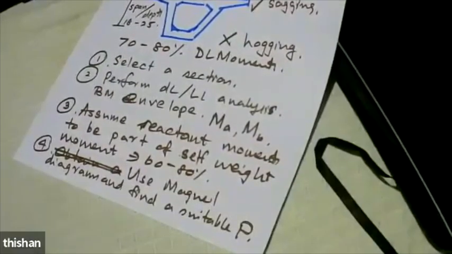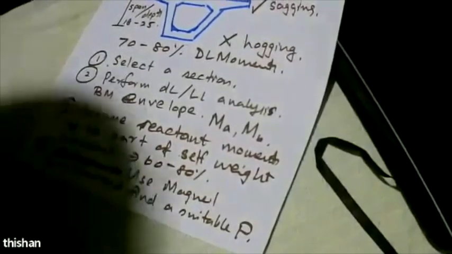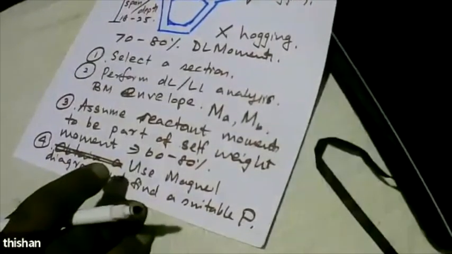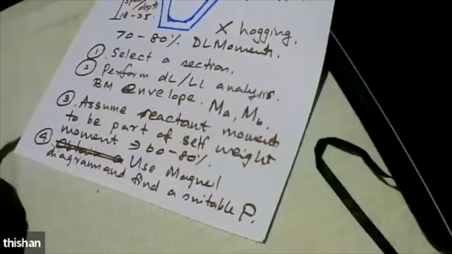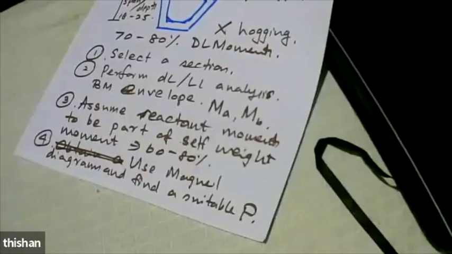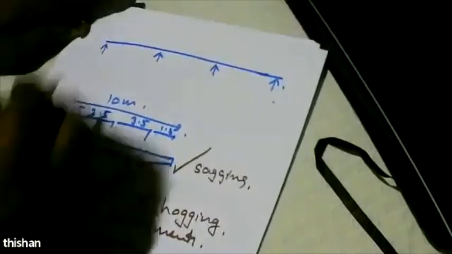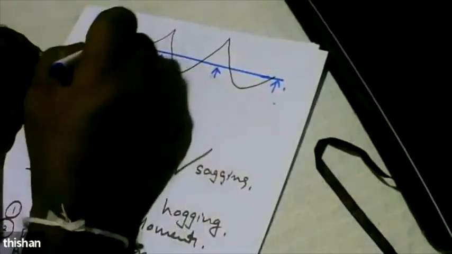But initially, because we have no information, we can analyze it as a beam. Assume secondary moments to be part of the self-weight moment. Because we know the section, we can find the bending moment diagram. And then use the Magnel diagram and find a suitable P. So we have this and this.